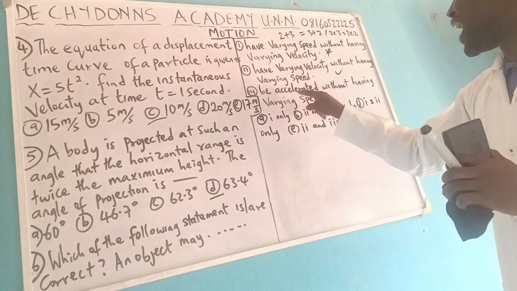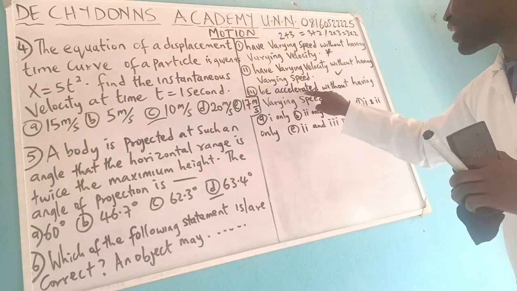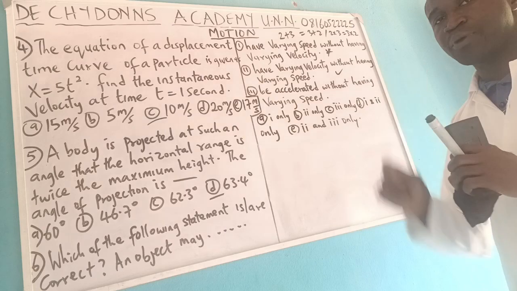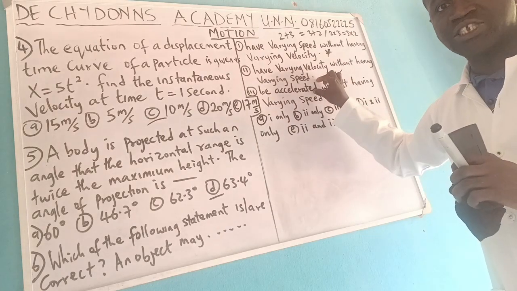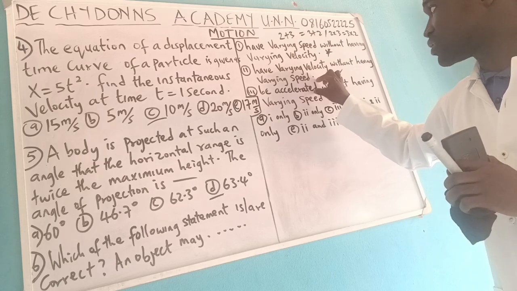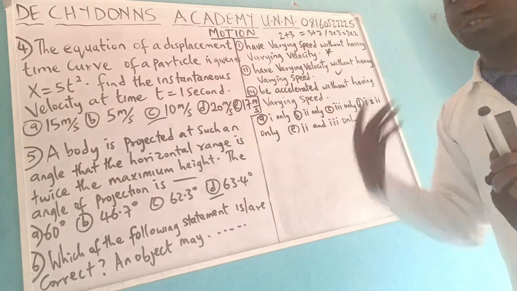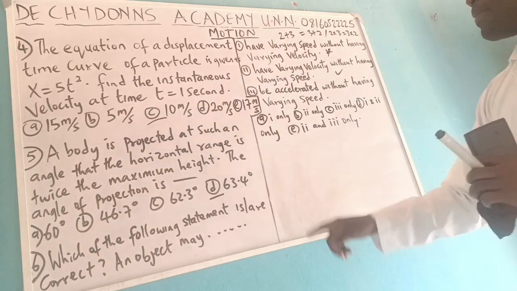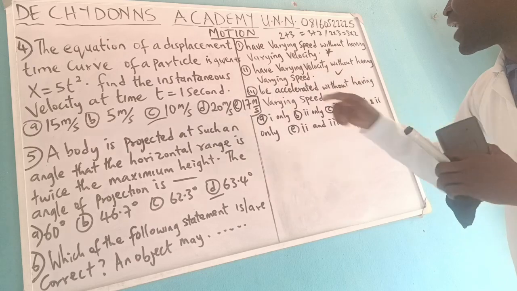And so the acceleration, okay, an object may be accelerated without having varying speed. Yes, this acceleration can change. Like the acceleration can change, but the speed cannot equally change. Yes, so you can say an object may be accelerated without having varying speed.